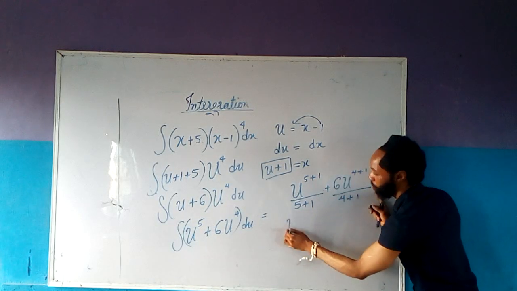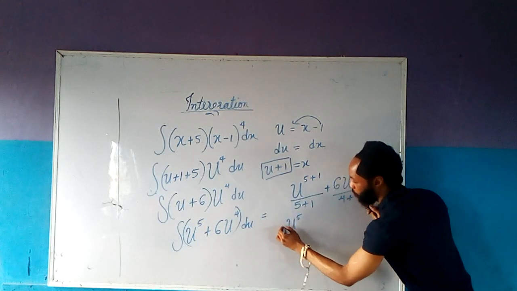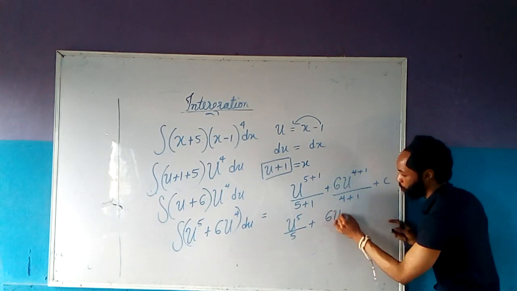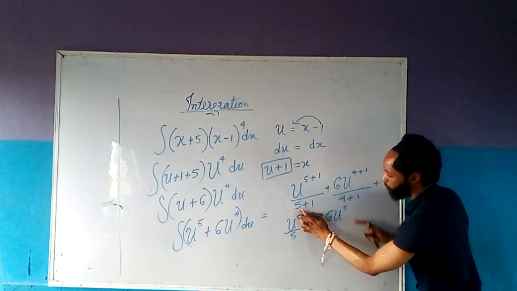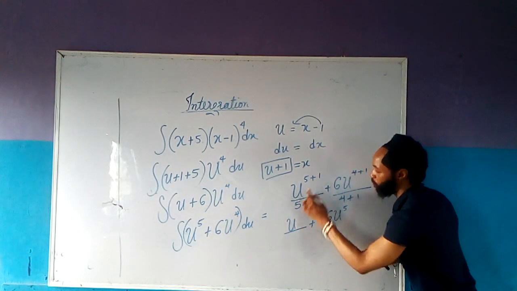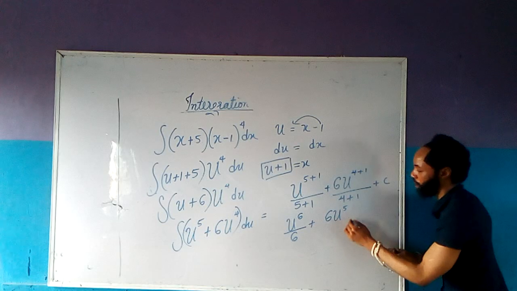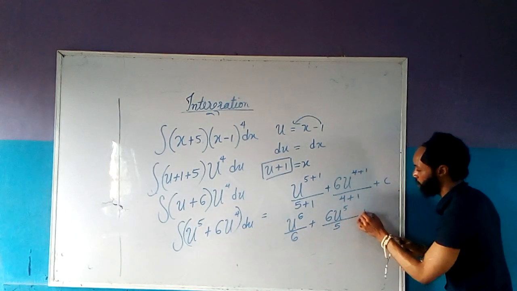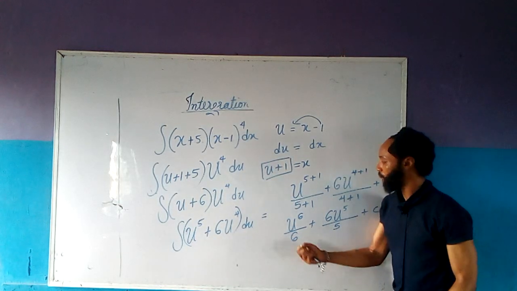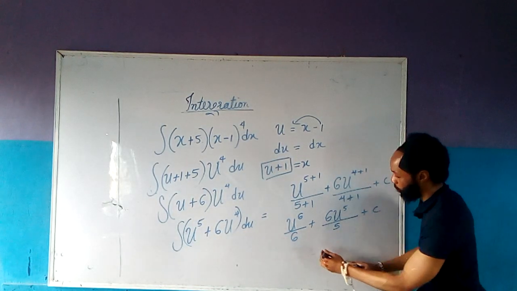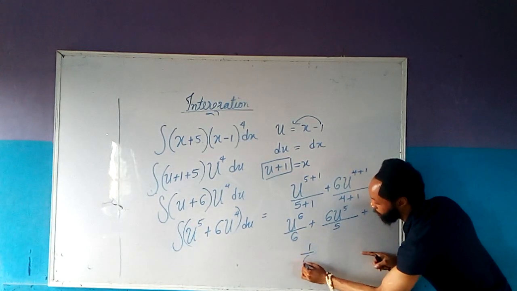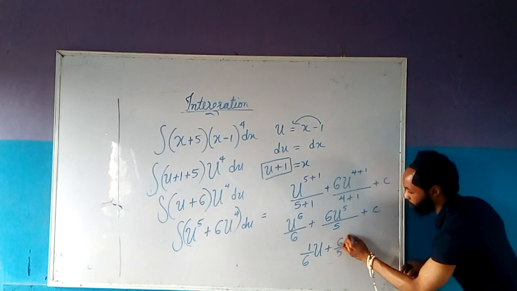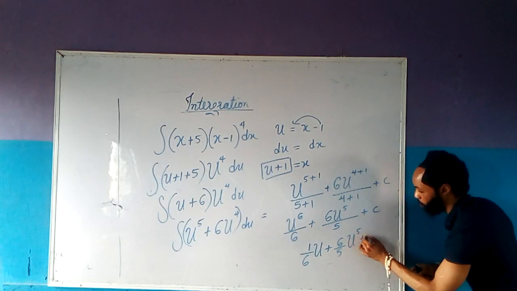So this is going to be u raised to the power 6 over 6, plus 6u raised to the power 5 over 5, plus c. So we can have this as 1 over 6 u to the power 6 plus 6 over 5 u raised to the power 5 plus c.